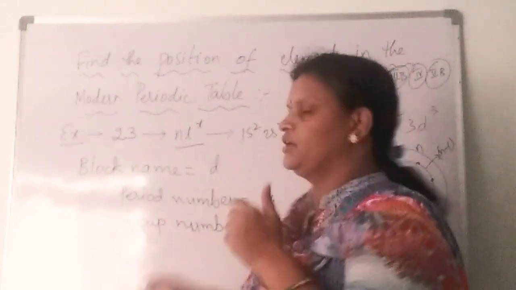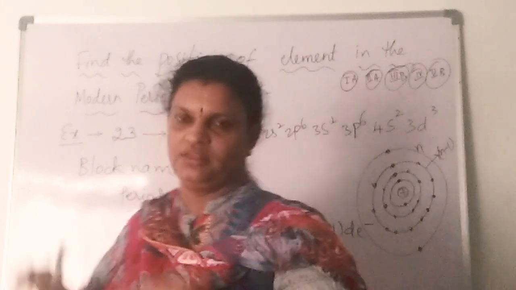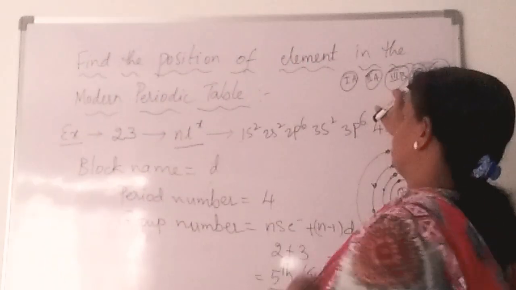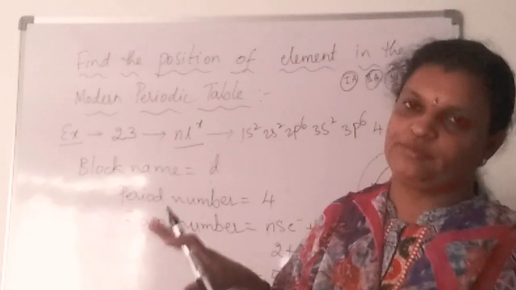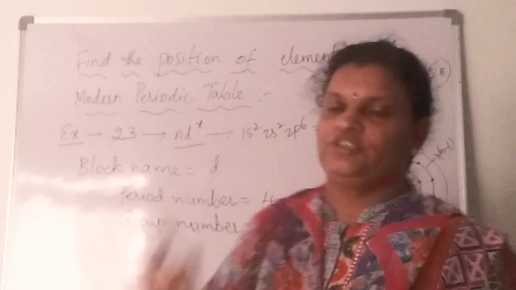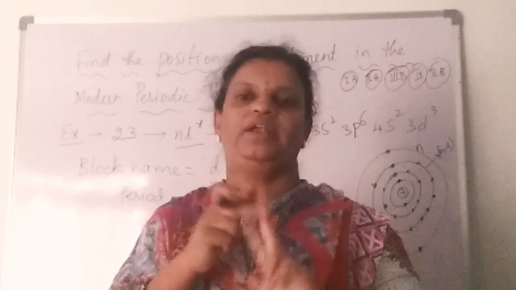Then the group number: only one group is present for F block elements, that is third B. In this third B group only, all the elements will be present. So there is no need to find out specially for those. Just try to remember how to find out the position of the element if it is present in S, P, D blocks.